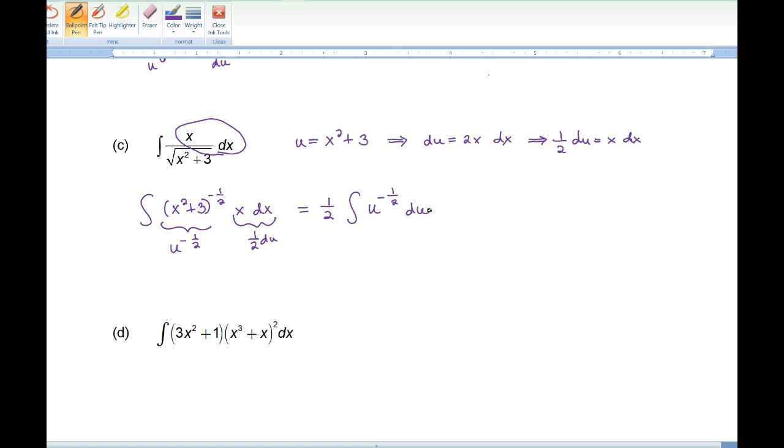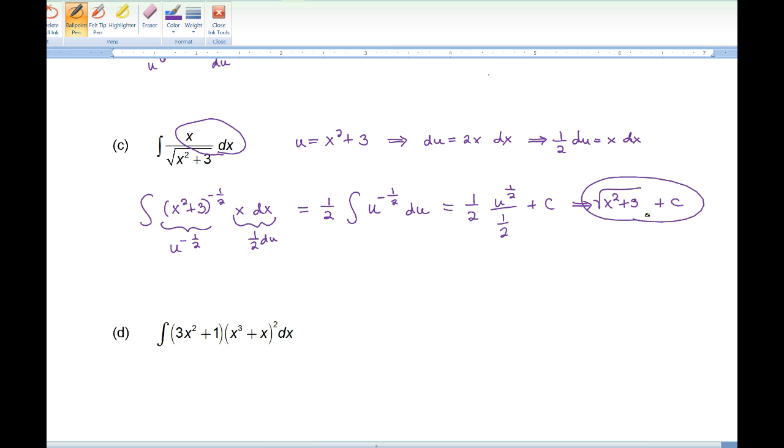Because we get u to the 1/2 divided by 1/2. So the 1/2 basically cancel. So we get square root of x squared plus 3 plus c.